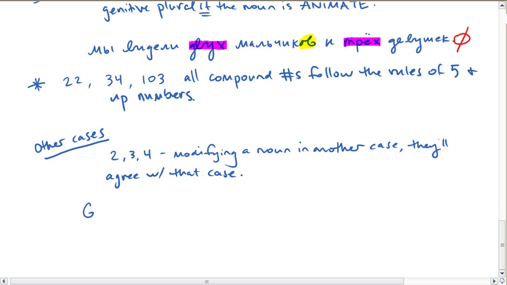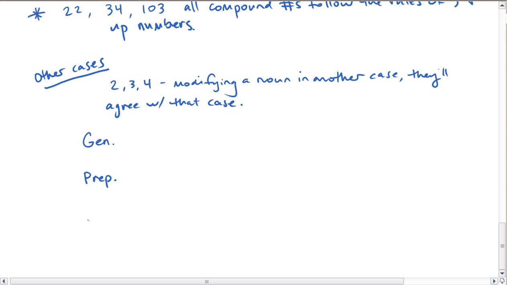So let's see, we've got genitive, prepositional, dative, and instrumental, right? Because we've already covered accusative and nominative. So let's look at this.